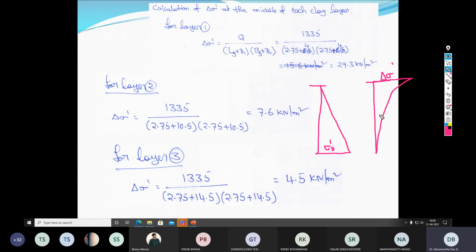The same thing is evidenced here. Delta sigma for layer 1 is 29.3, for layer 2 it is reduced to 7.6, for layer 3 it is further reduced to 4.5. So these are some thumb rules which you must remember to ascertain whether or not your calculations are correct.